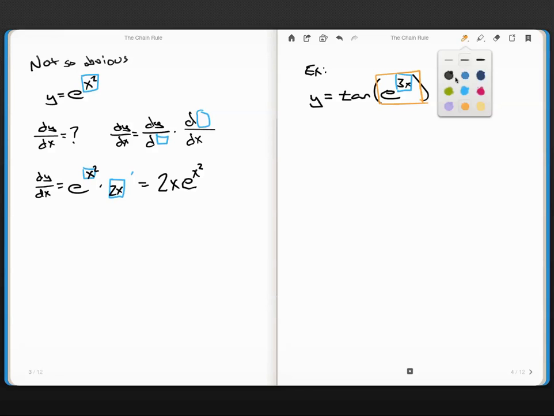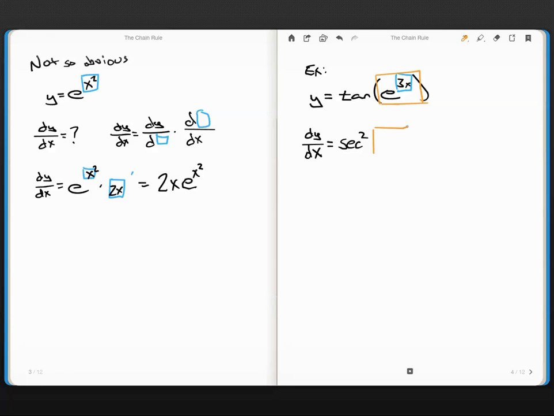All right, well, how is this going to work? So we have to say dy/dx. So y is a function of this, which is a function of this, which finally gets down to the x. It is going to be the derivative of this thing. So it's the derivative of tangent, which is secant squared of my orange box.